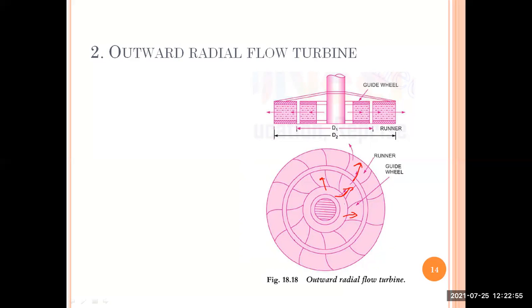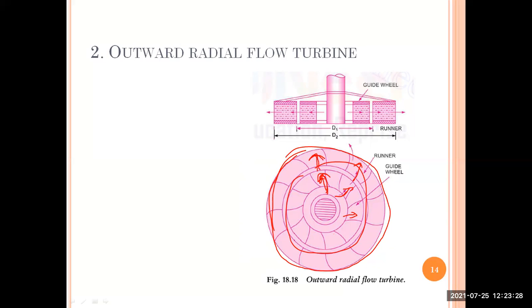Only here it is different: first you will have the guide wheel, and after that the runner, because the water is entering from inside to outside. Around the shaft you will have the guide wheel where the stationary vanes are fixed, and around that you will have a runner with the moving vanes. And the water enters from inside to outside radially.